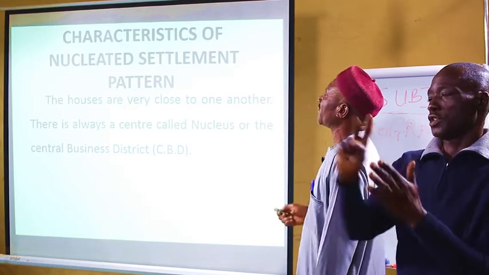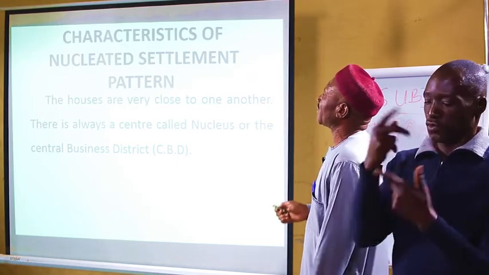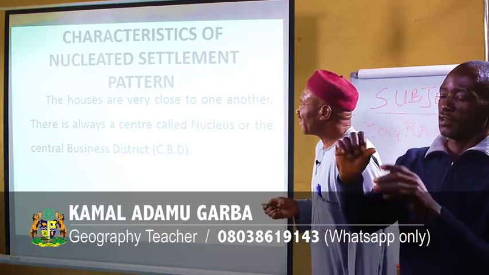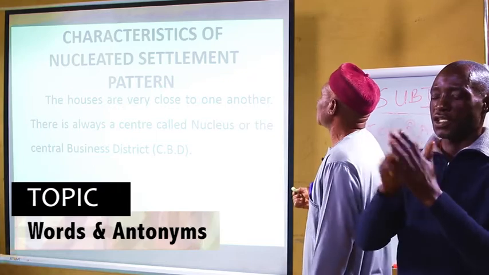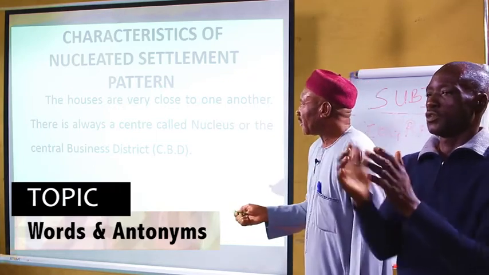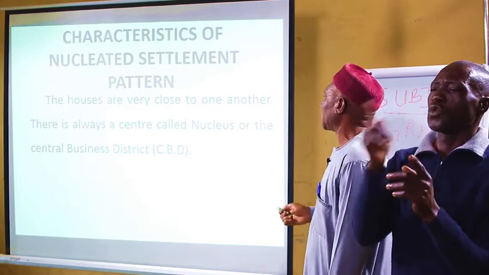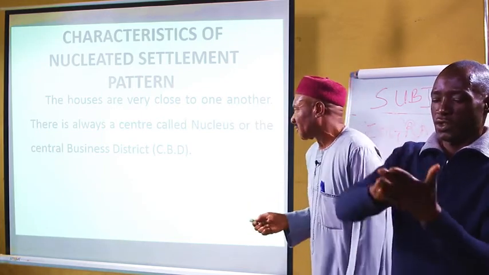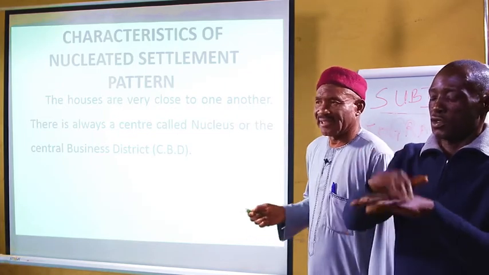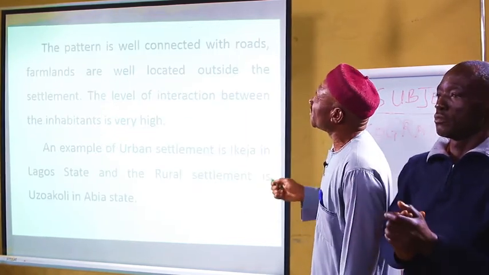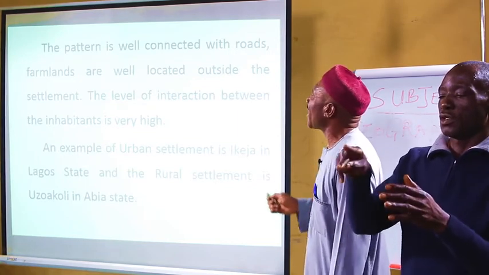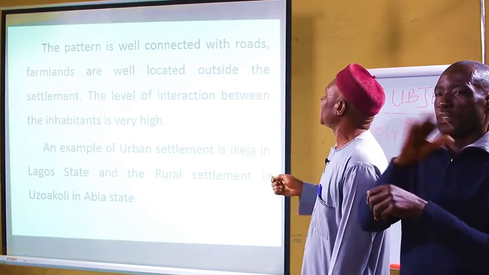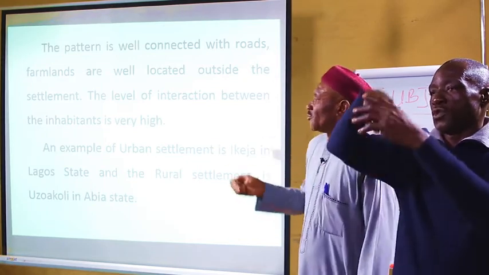Now, the second one we are going to look at is the nucleated pattern of settlement. These are houses that are very close to one another. There is always a center called the nucleus, or the Central Business District, called CBD. The pattern is well connected with roads, and farmlands are located outside the settlement.